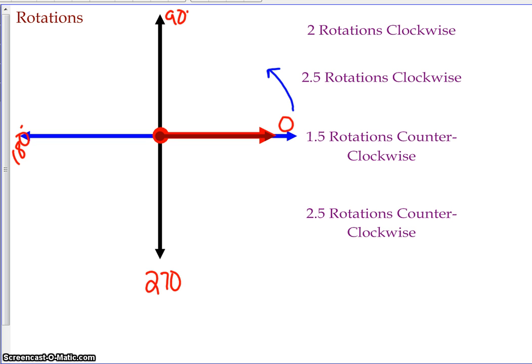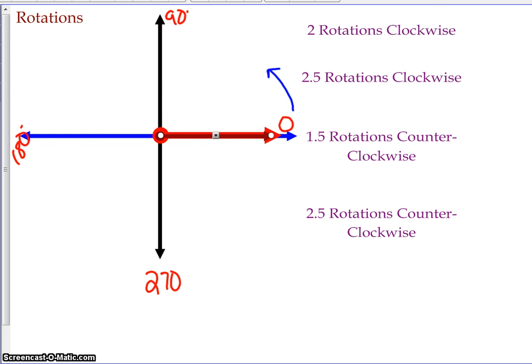Now the first one asks us, 2 rotations clockwise. Where would we be is basically what it's asking. Clockwise is in this direction. Here's 1 rotation clockwise, and then a second rotation clockwise. I'd be back where I started from.